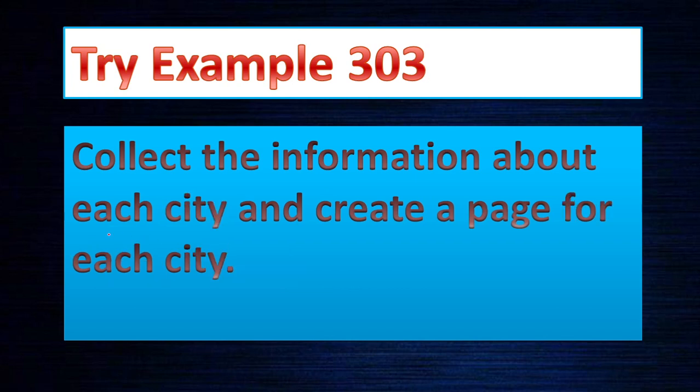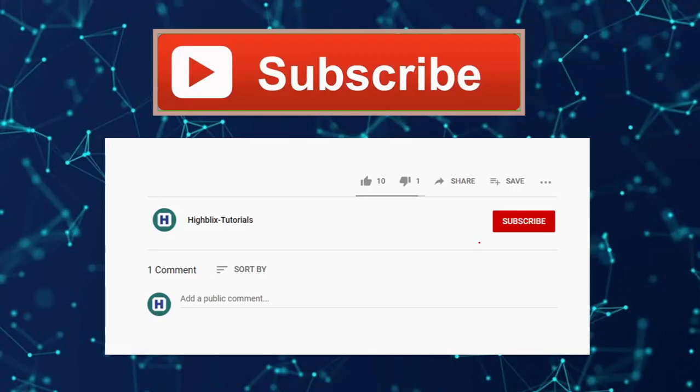And then for each city, collect the information about the city and create pages for each individual city. Right? At least 30 pages we are expecting from this video. So after watching this complete video, you have to make 30 pages. I hope that you will be able to do that. Therefore, don't miss it. Create all the 30 pages.